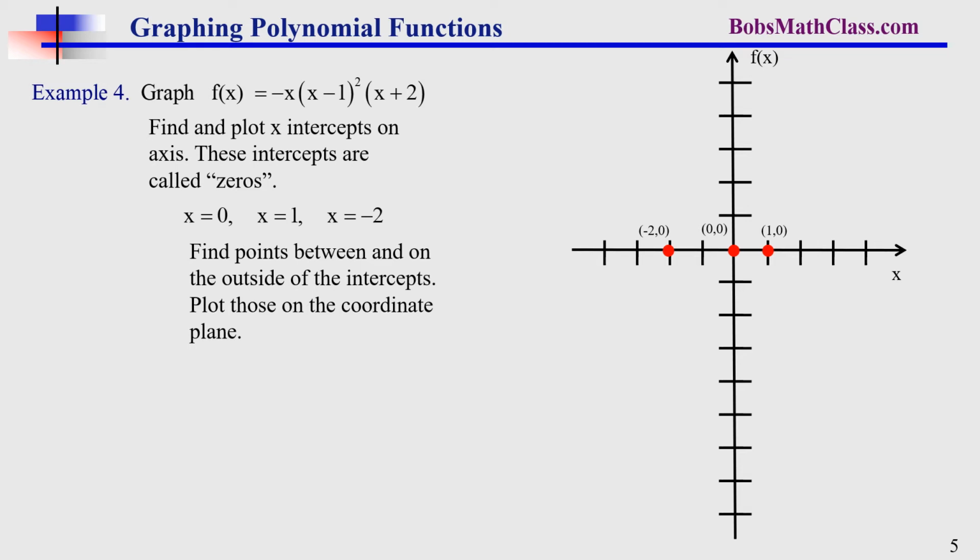We're going to pick something between -2 and 0, so how about -1? Now for the 2 points on the right, (0, 0) and (1, 0), there's not a tick mark in between 0 and 1, so we have to pick a fraction. How about a half? Okay, so these are our numbers.